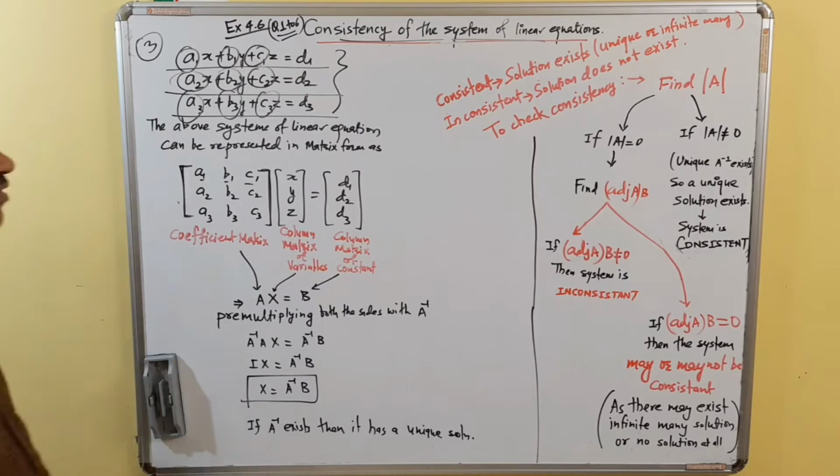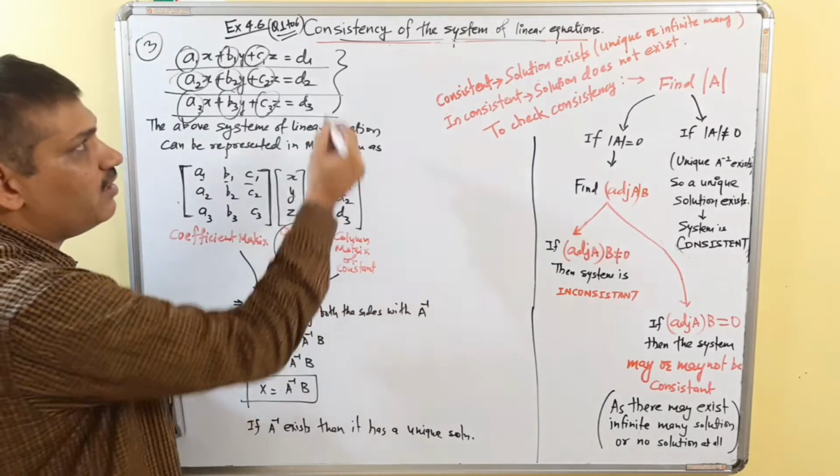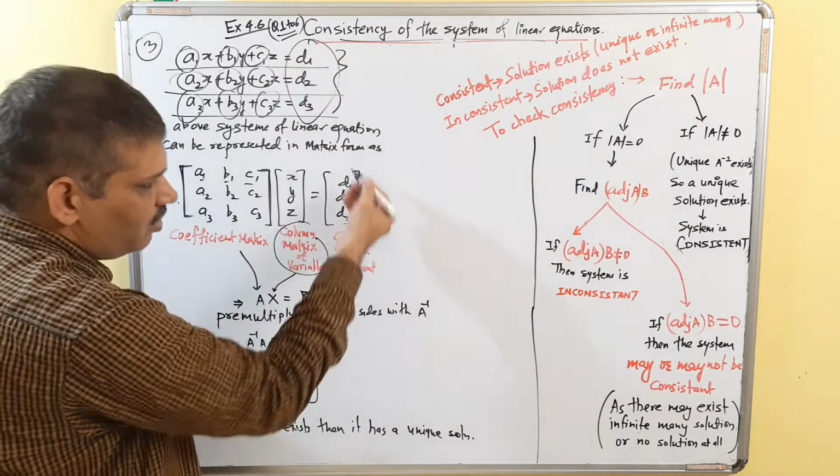Now we make the column matrix of variables: first variable, second variable, third variable, and on the right hand side we have the column matrix of constants.